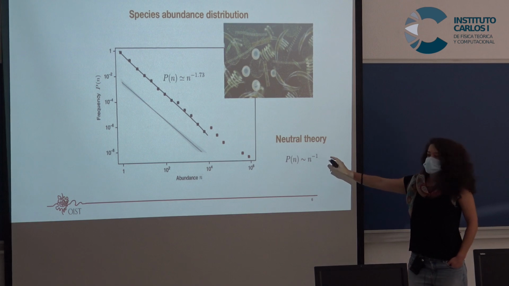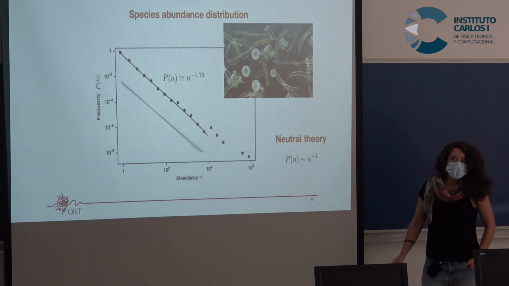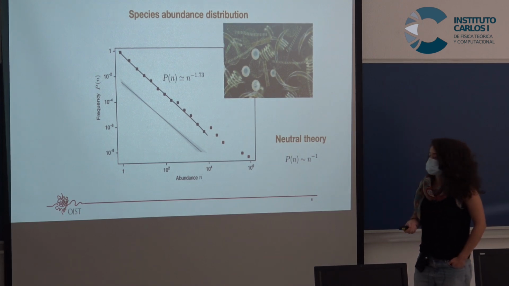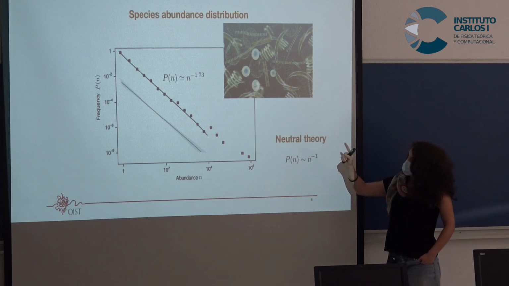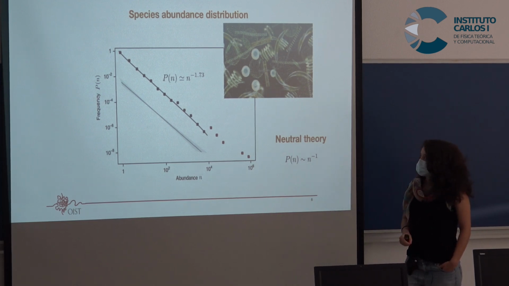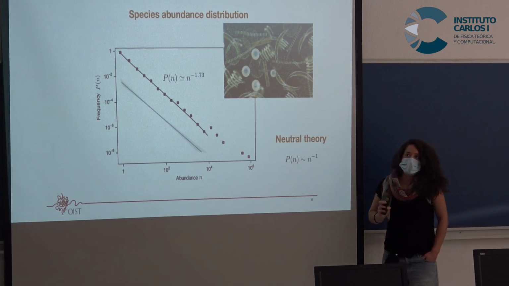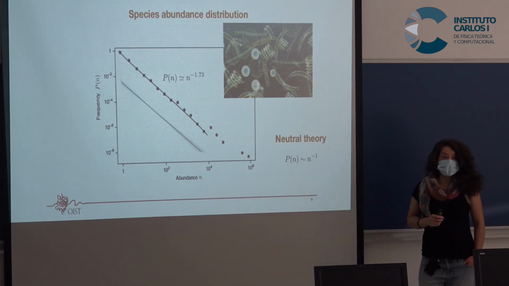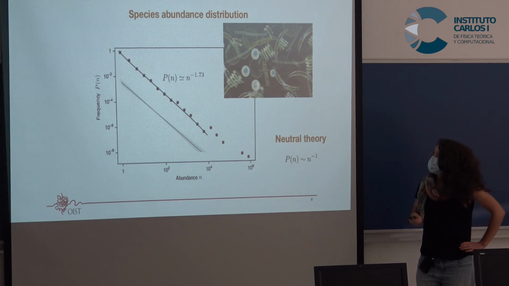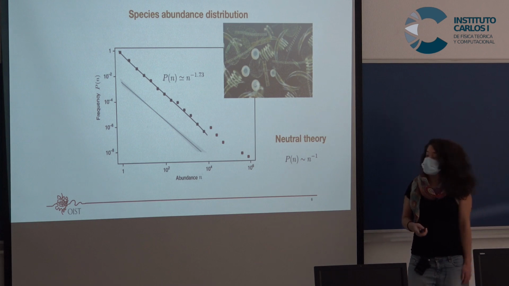This explains many, many communities. Although it's super simple, it describes many communities. However, it doesn't describe this system, and we want to know why. There is no satisfactory model that explains this, and what we want is to try to model it to understand what is happening there.